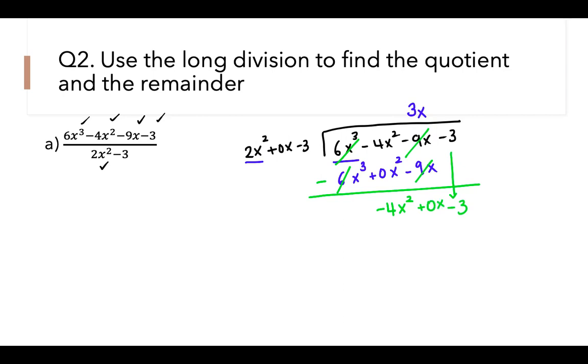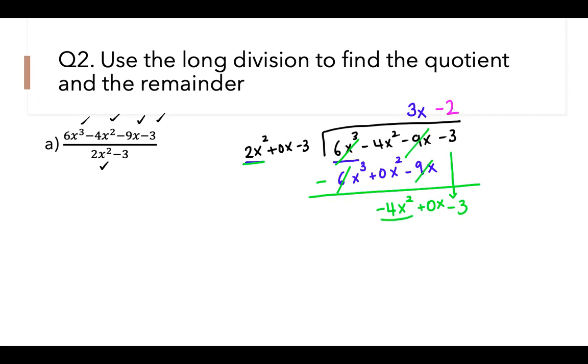Again, you're going to take a look at the first term and the first term over here. So negative 4x squared divided by 2x squared will give me negative 2. So now after you've figured out what it is divisible by, we do the distributive property with the quotient and the divisor.